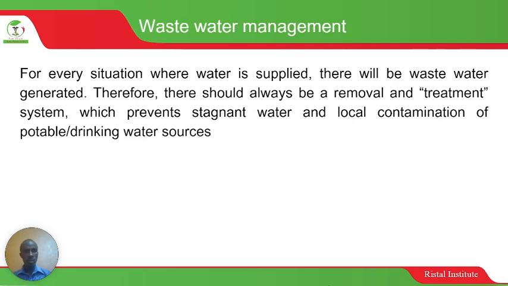We recognize that in every situation where water is supplied, you will always have wastewater. When water is supplied for hand washing, after you use that water for washing your hands, where does the other water that you have used go? Where does the water that you have used to bathe go? The water that you have used for washing, where does it go?